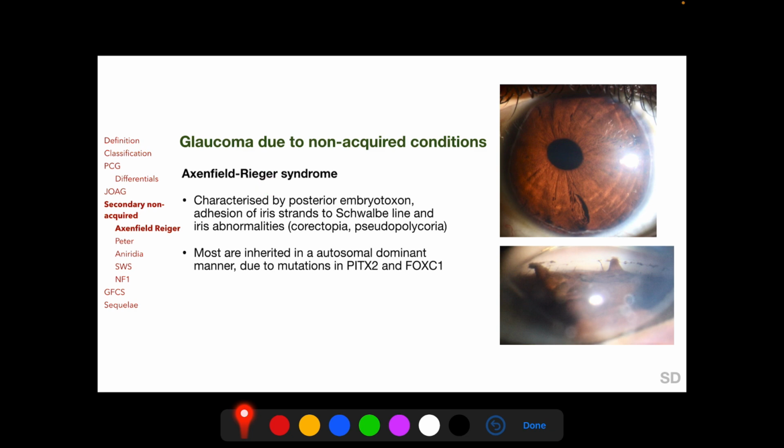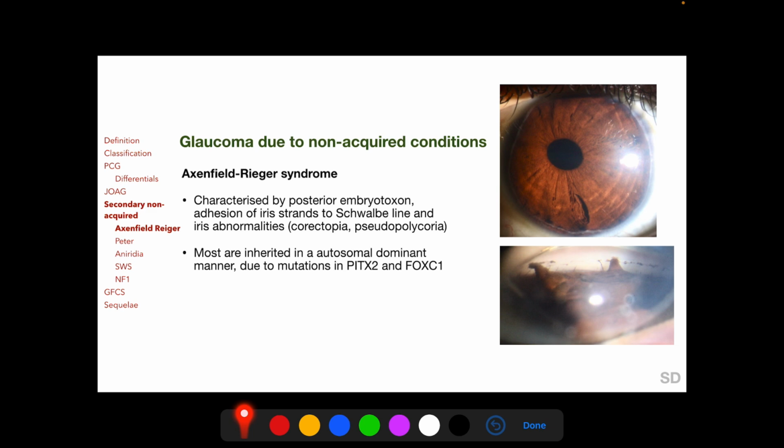Axenfeld-Rieger syndrome is characterized by posterior embryotoxon, which is actually an anteriorly displaced Schwalbe's line as seen here in this photograph, along with adhesions of iris to the Schwalbe's line and iris abnormalities such as corectopia as seen here in this photograph and pseudopolycoria.